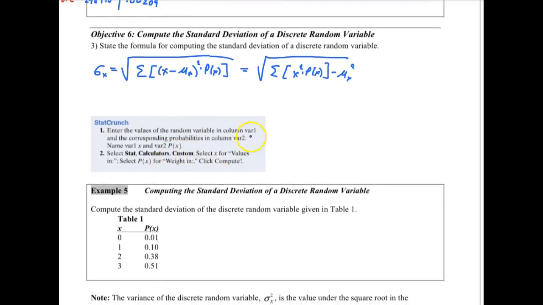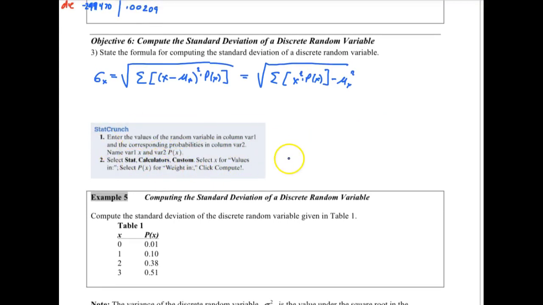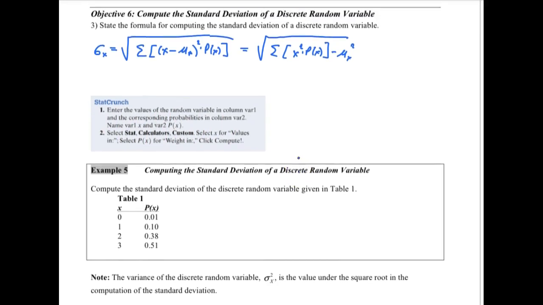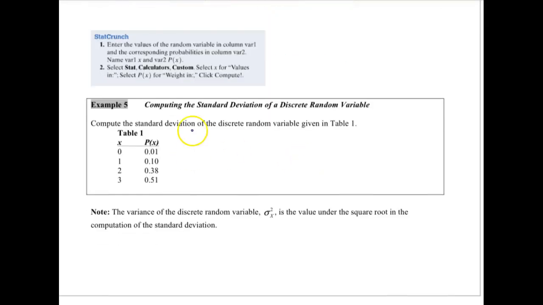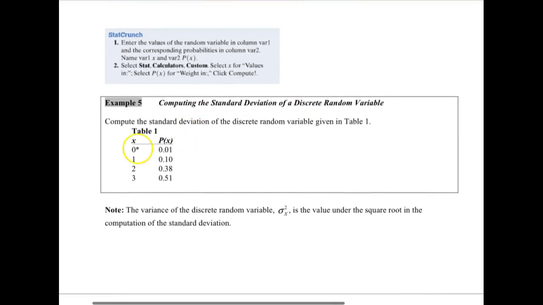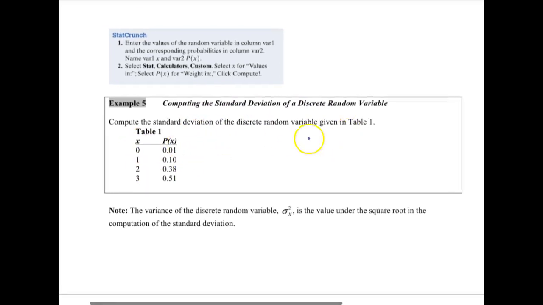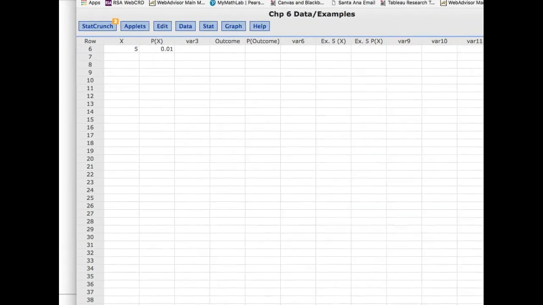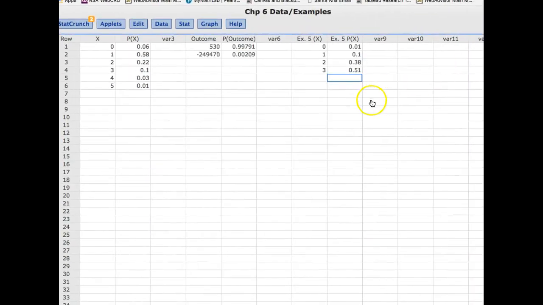Here are the instructions that I had stated earlier to find the mean. So you can find them right here, stat, calculators, custom. And so let's practice this real quick. Computing the standard deviation. Here's some table. It doesn't have any meaning right now. And so what has to happen is that we would put that information into a table like this.